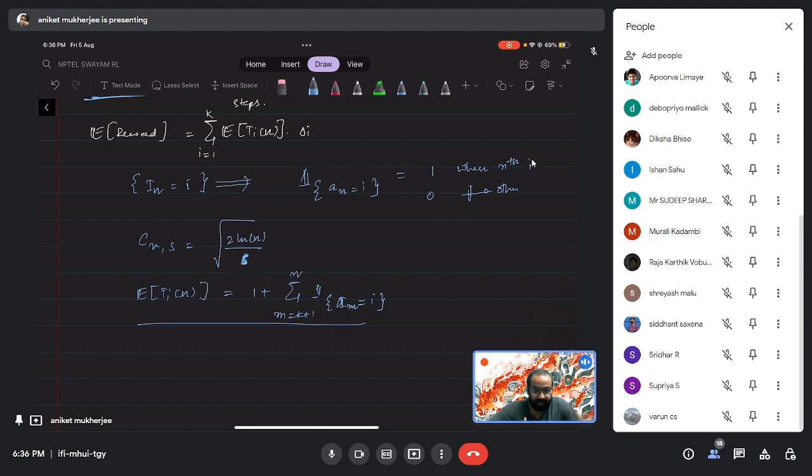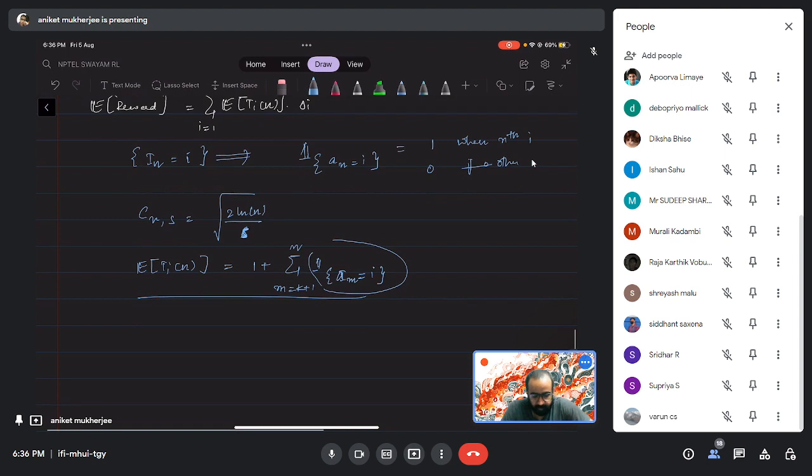Till k I am pulling each and every arm round-robin, and then from the k plus 1 step I am using the UCB algorithm to pull my A_n arm. So this gives you how many times I have pulled it. Sir bounds this by L plus the summation m equal to k plus 1 to n of the indicator I_m equal to i, and T_i(m minus 1) greater than or equal to L.